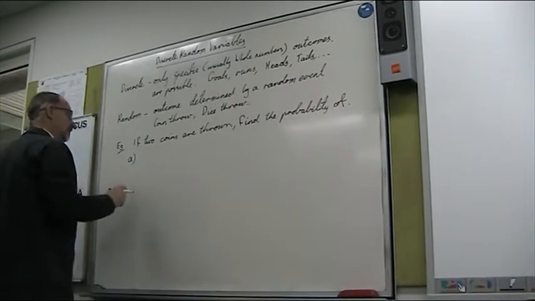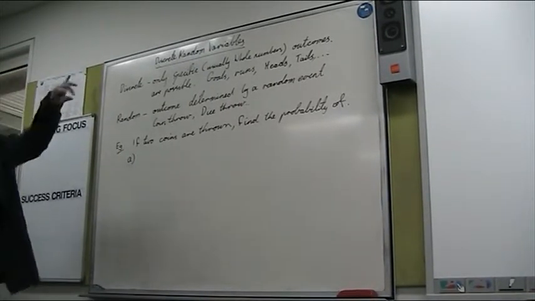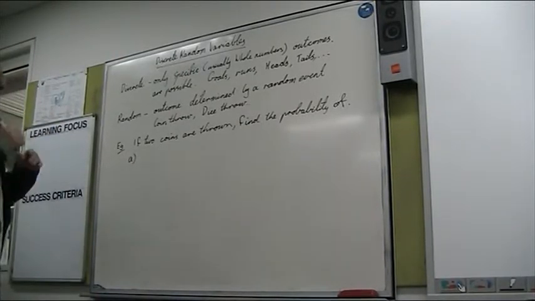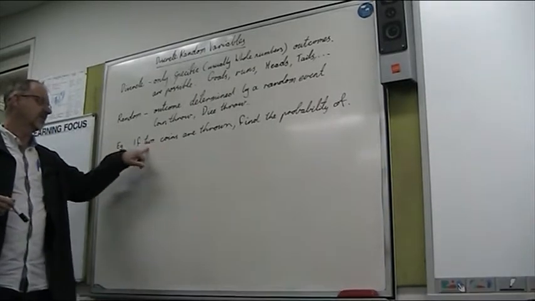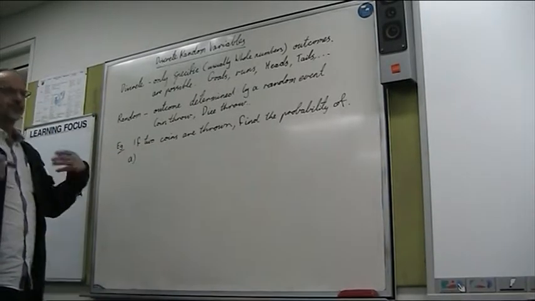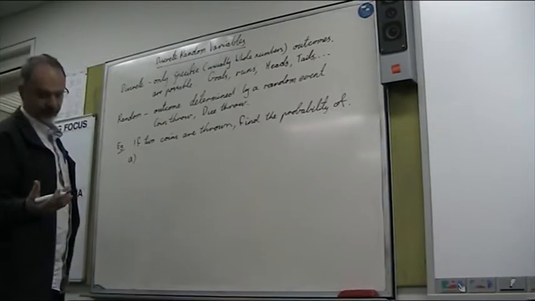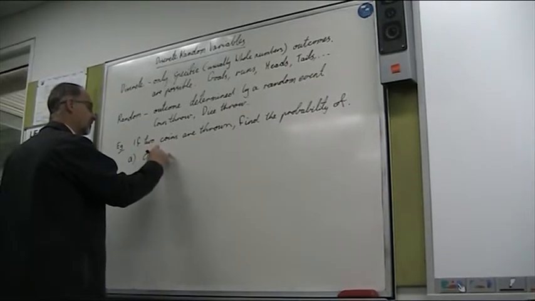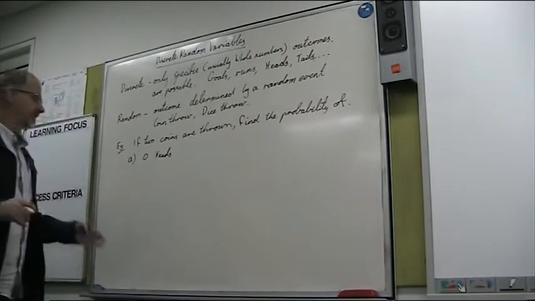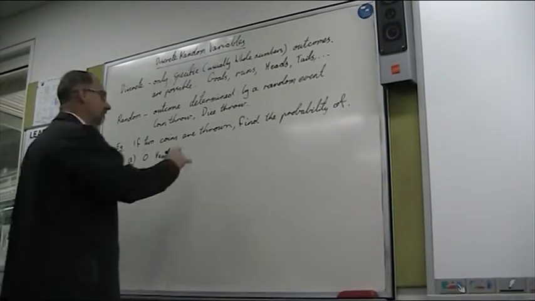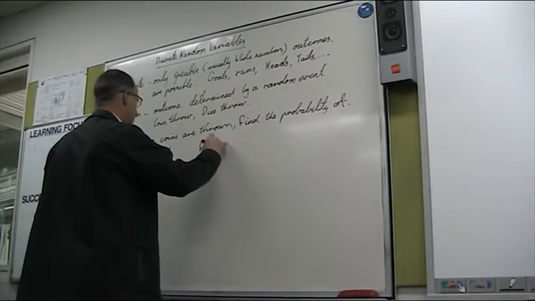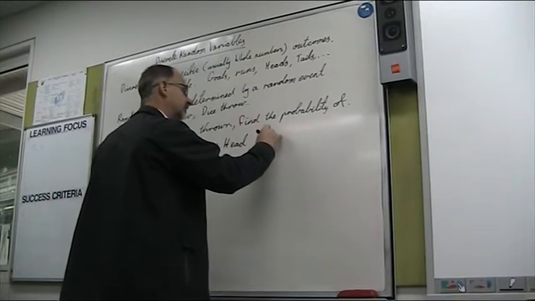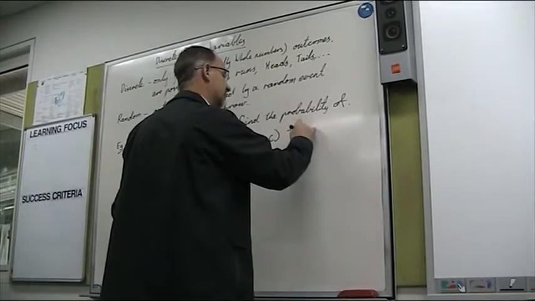In this kind of discrete random variable problem, we tend to focus on one particular thing. So if we've got two coins, we're going to focus on heads in this particular case. If we throw two coins, you might not get any heads. You might get one head, or you could get two heads.